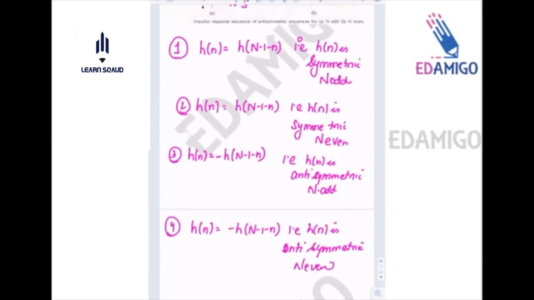Okay, and symmetric and antisymmetric are about this value of n, that is capital N minus 1 divided by 2. So it is symmetric and antisymmetric about this value of n. Okay, so these four are the cases.